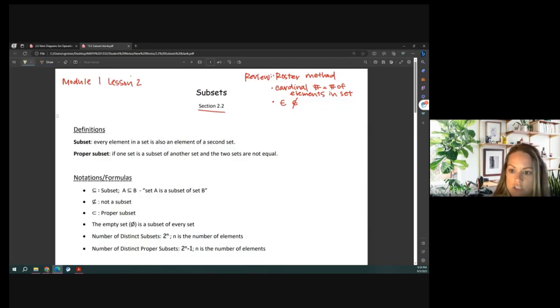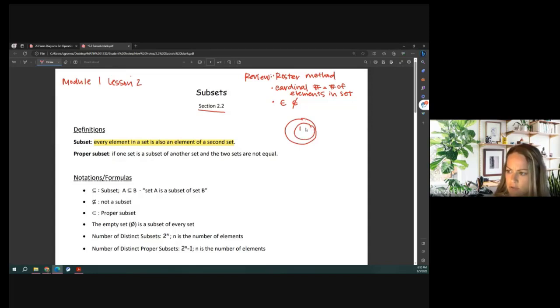The definition of a subset is that every element in a set is also an element of a second set. So that means that if we represent a set using a circle or using the Venn diagrams, and we have a set that is inside, then that is a subset.